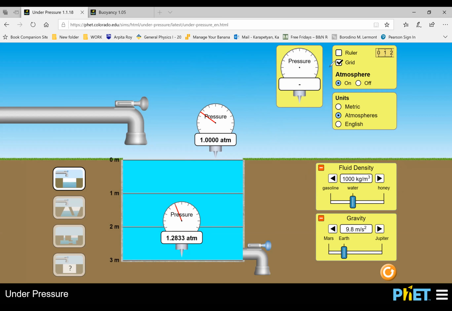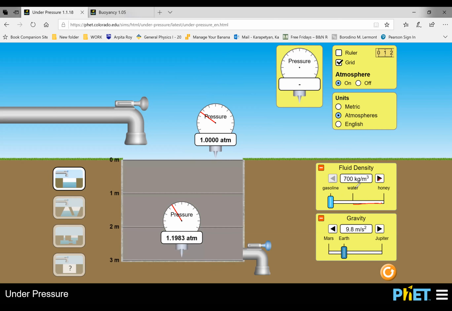Okay. So now, you can see the density is 1,000. If I have more dense, you can see it increases the pressure for the same depth. If I have less dense, then it actually decreases.